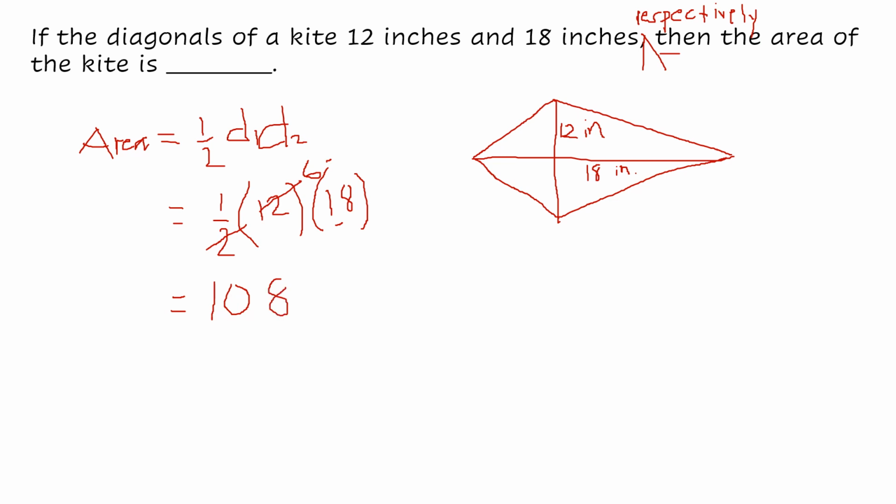And since it's an area, inch times inch or square inches. So this is the area of the kite with the diagonals 12 inches and 18 inches.